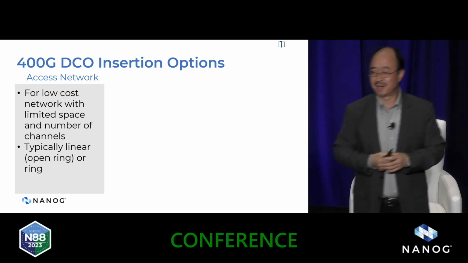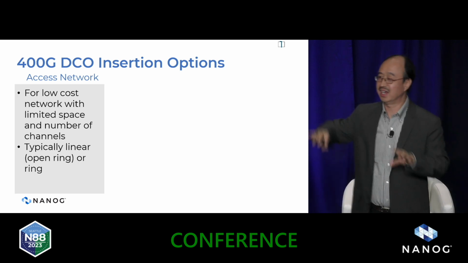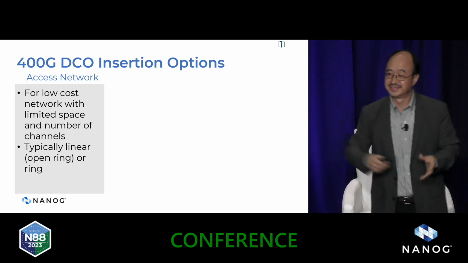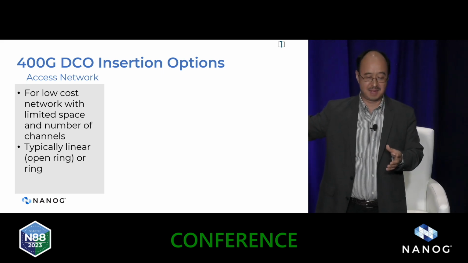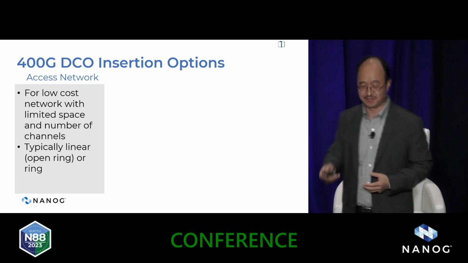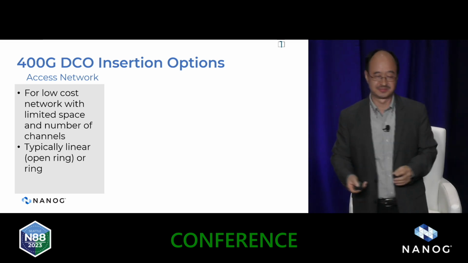A big part of that is cost because it's spread out, it's far away, a lot of those locations. And the typical topology is ring or open ring, point-to-point, hub and spoke. A lot of these things you need to take into consideration if you're trying to insert into the access network.